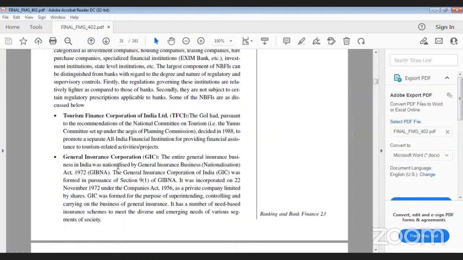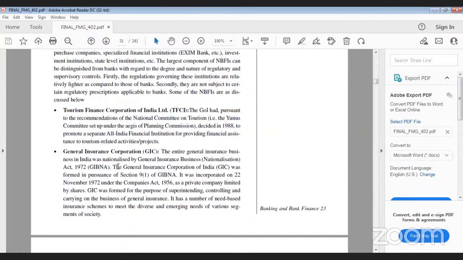GIC was formed for the purpose of superintending, controlling, and carrying on the business of general insurance. It has a number of need-based insurance schemes to meet the diverse and emerging needs of various segments of society.